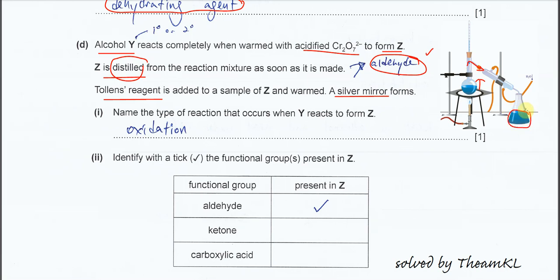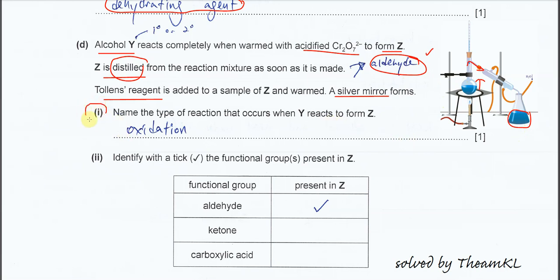So this we call distillation, meaning the lower boiling point product will come out from the mixture and be collected first. This is to prevent the aldehyde from dropping back into the reaction mixture and further oxidizing. So the distillation is used to prevent further oxidation of the aldehyde.